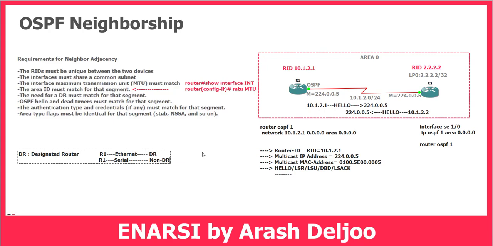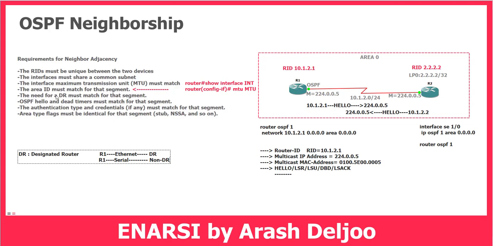Maybe this is a little complex for you because you didn't hear about the DR and BDR yet. Let me talk about the DR and BDR in the next section. You will understand more about the DR and BDR, and also why we need a DR requirement on both sides or a non-DR requirement on both sides.